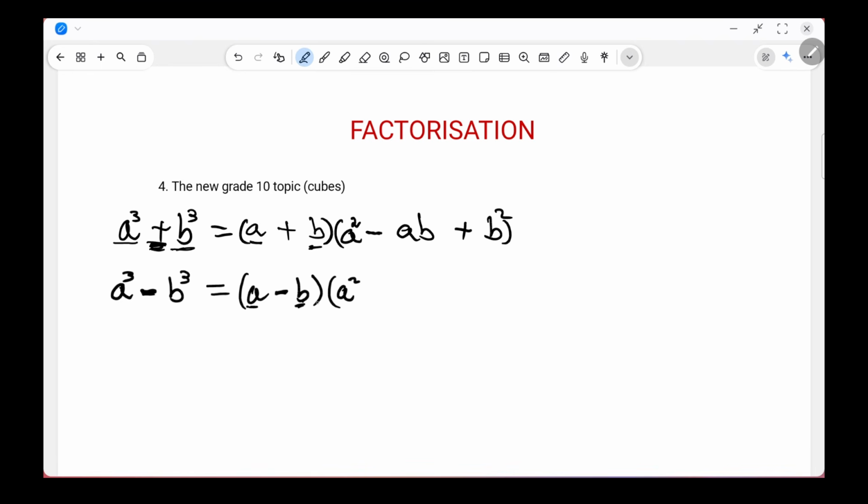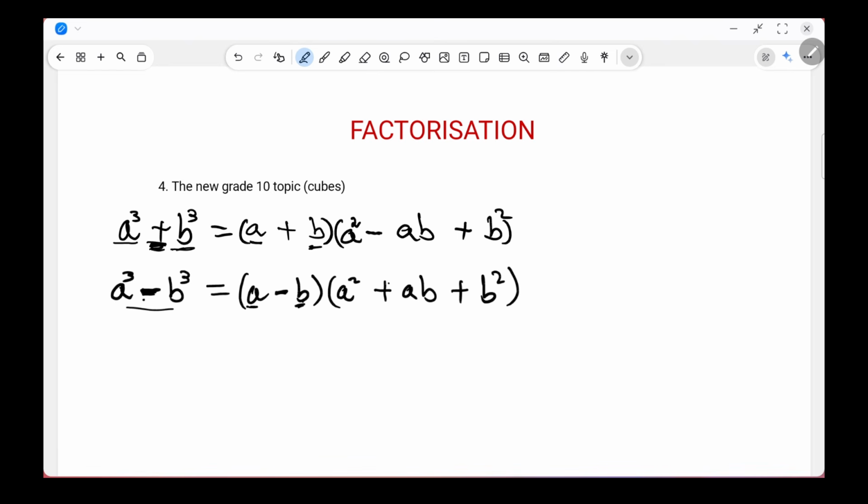On the sign we do the opposite of the original equation. Here we have negative, so the opposite is positive. Then a multiplied by b is ab. And then we always keep a positive sign, and b multiplied by b is b squared.